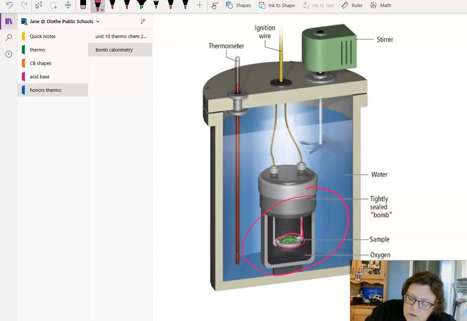There are electrodes that run down into it, and you would ignite those electrodes. There's oxygen in the chamber, and you get a reaction, and the ham sandwich would burn. The energy would then be given off into the water, and the water temperature would rise. That is what we're talking about when we talk about a bomb calorimeter.